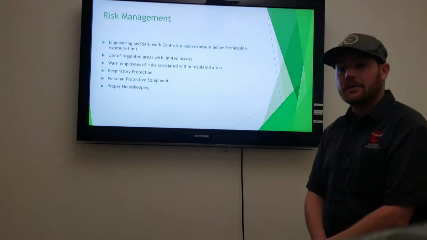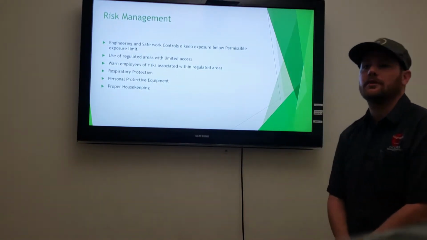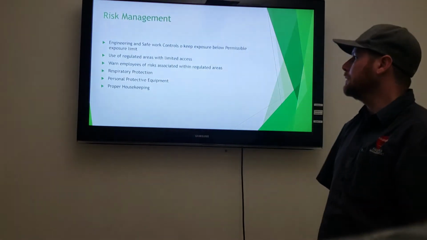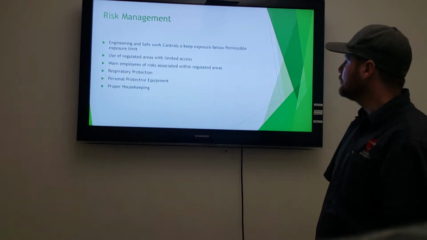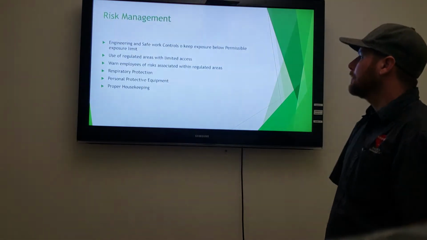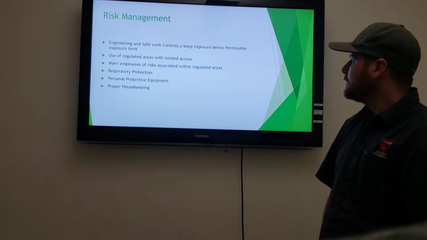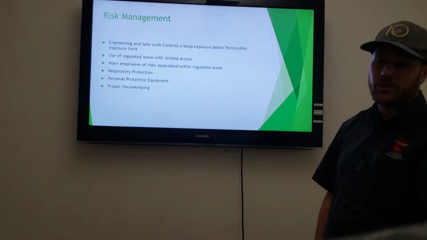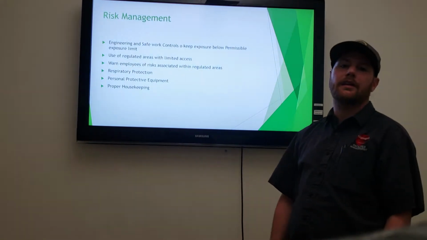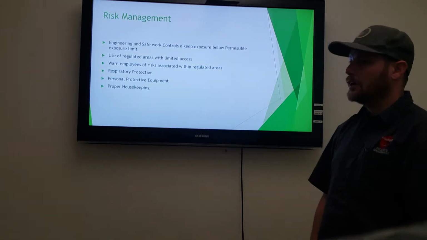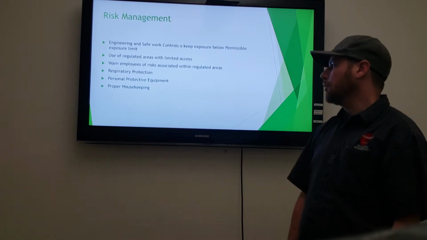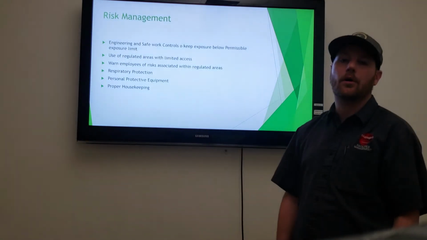Some risk management that you could use to prevent or reduce exposure would be engineering and safe work controls to keep exposure below the permissible exposure limit, use of regulated areas with limited access, warning employees of the risks associated within these regulated areas, use of respiratory protection, use of personal protective equipment, and proper housekeeping.